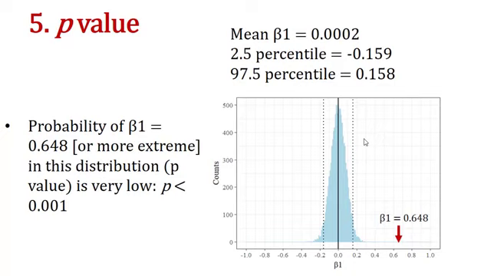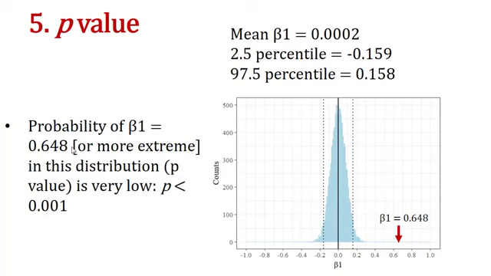Okay, so this fifth step is to determine the p-value. And what's the p-value? The p-value is the probability of obtaining the beta 1 score that we obtain. And let me just tell you that in our sample of 300 participants, the beta 1 we obtain, the statistic of interest, is 0.648.